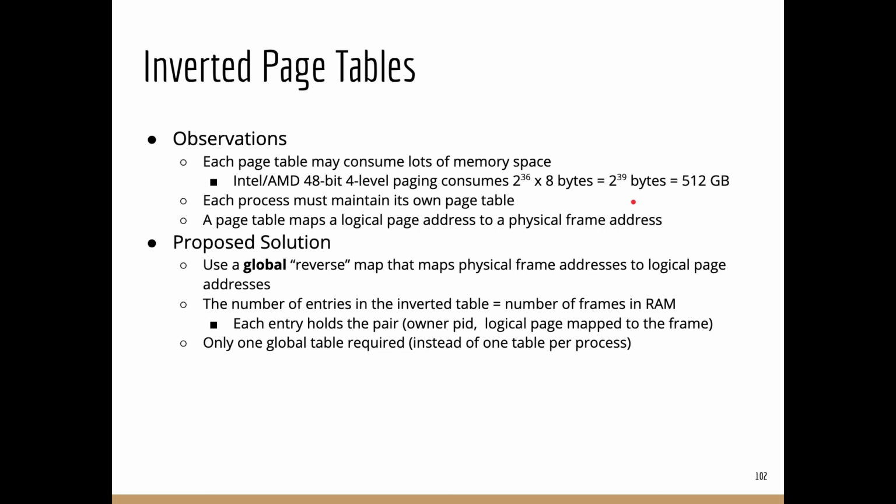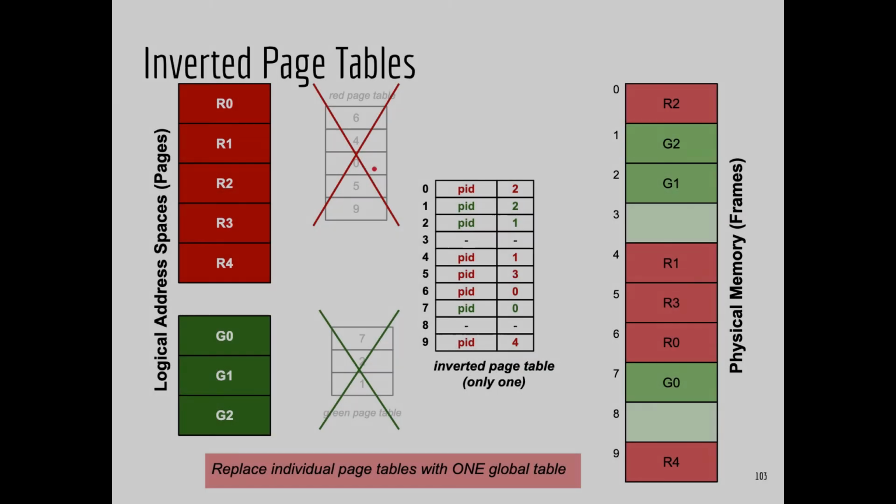Another benefit of this technique is that per-process page tables are eliminated and replaced with one global inverted map. This illustration shows two processes, red and green, with 5 and 3 pages in their logical space.